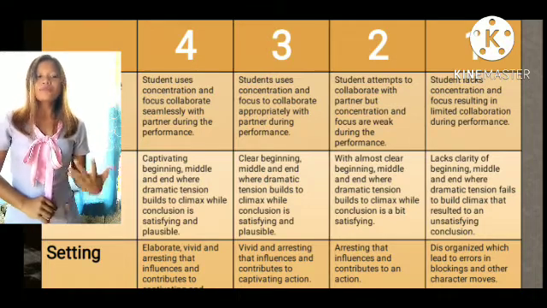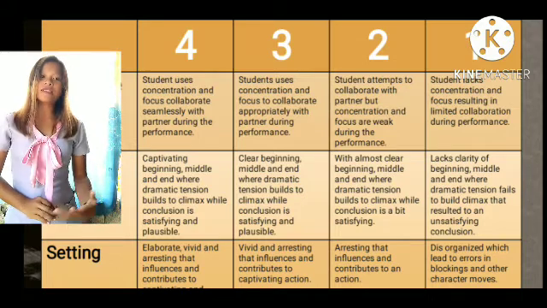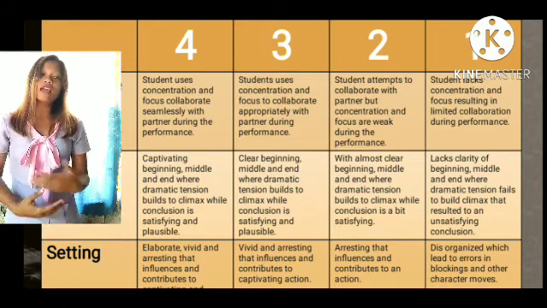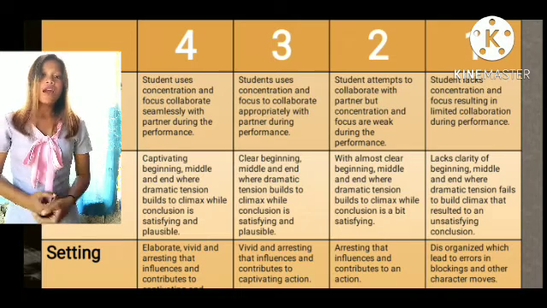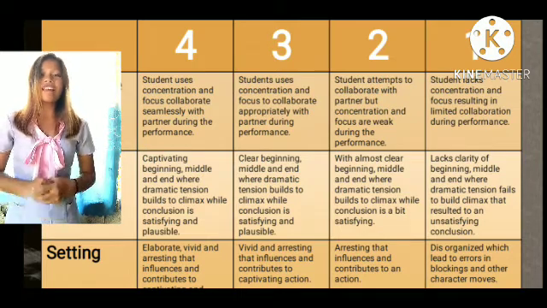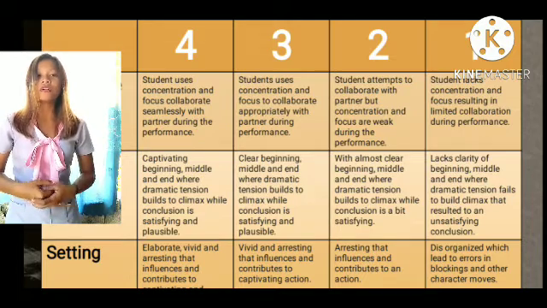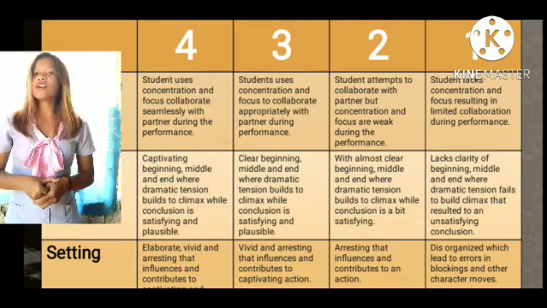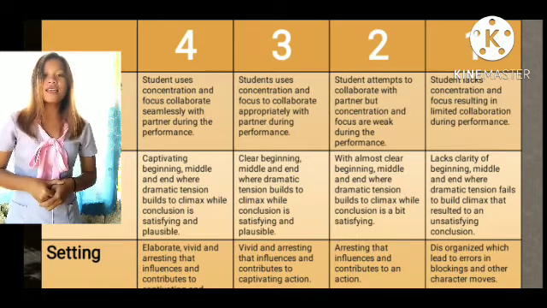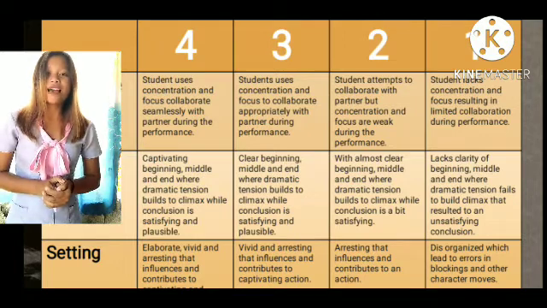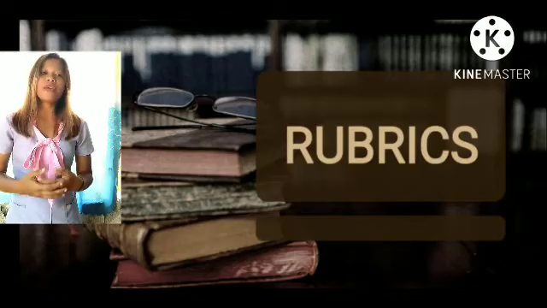But if the setting is just arresting, influencing and contributing to action, then I will give you 2. And if the setting is disorganized, which leads to errors in blocking and in how the characters move, then I will give you 1. Those are the rubrics that I'm going to base your performance on in this activity.